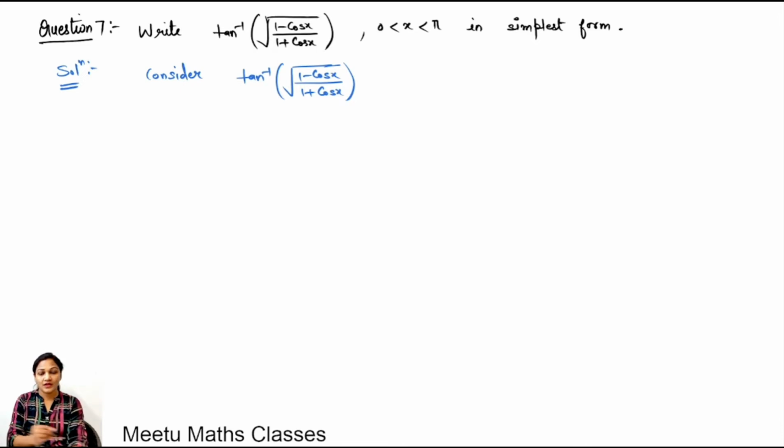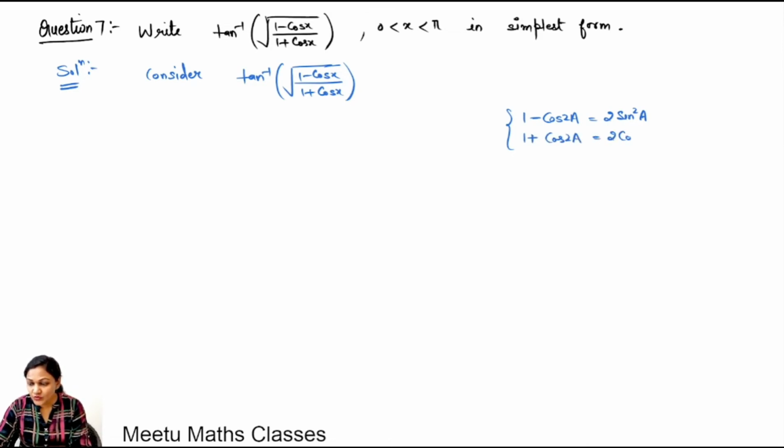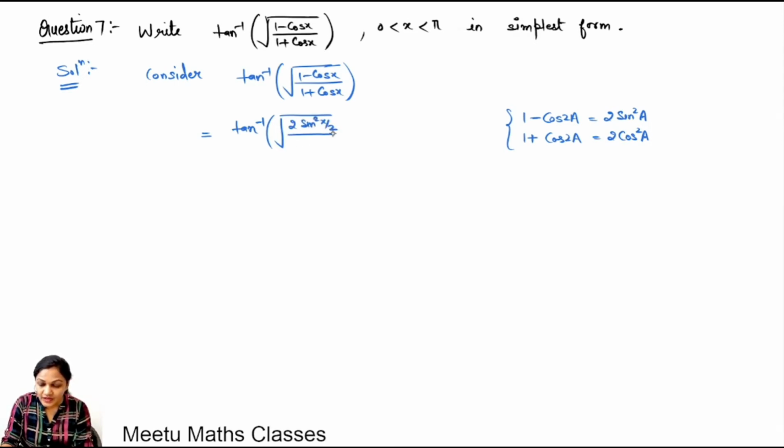Now, we have two half angle formulas. 1 minus cos 2a can be written as 2 sin square a, and 1 plus cos 2a can be written as 2 cos square a. So your function can be written as tan inverse of square root, 1 minus cos x can be replaced by 2 sin square x by 2, and 1 plus cos x can be replaced by 2 cos square x by 2.